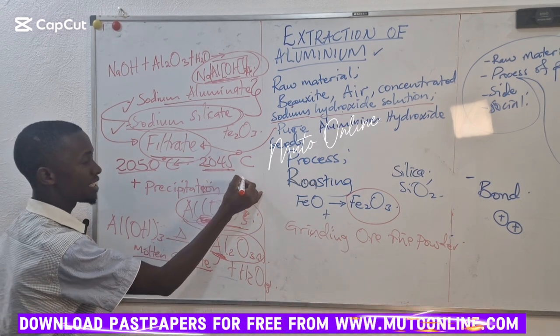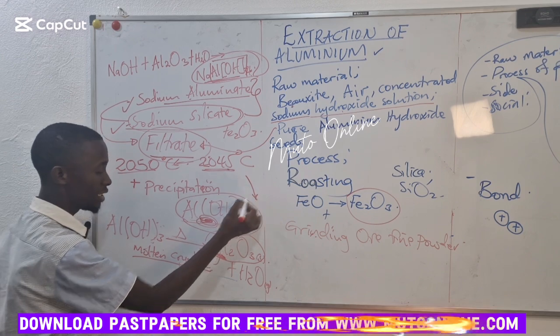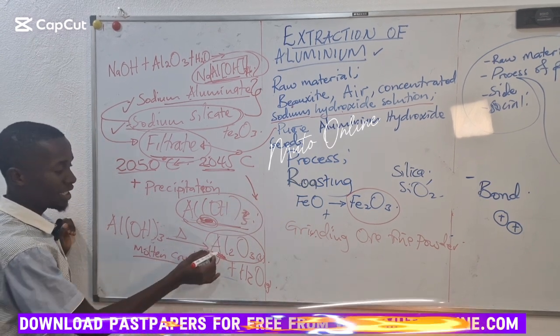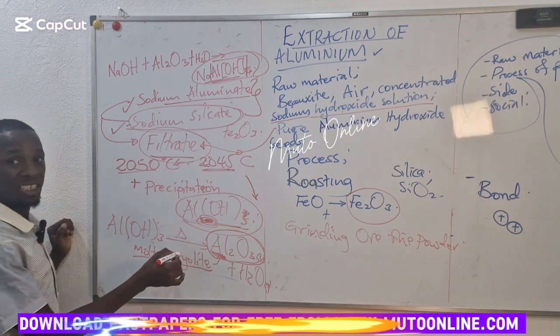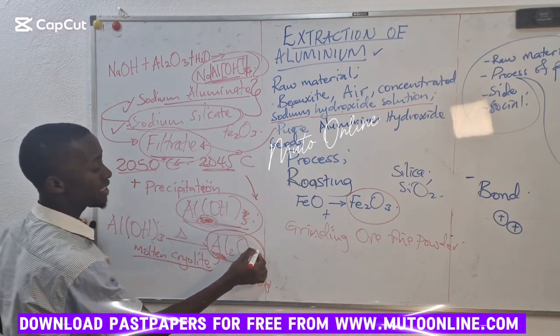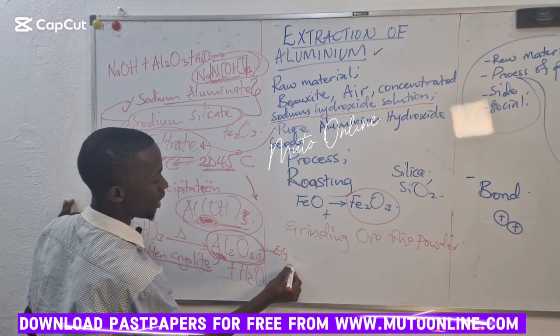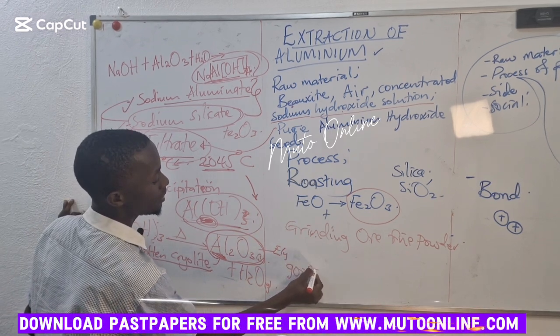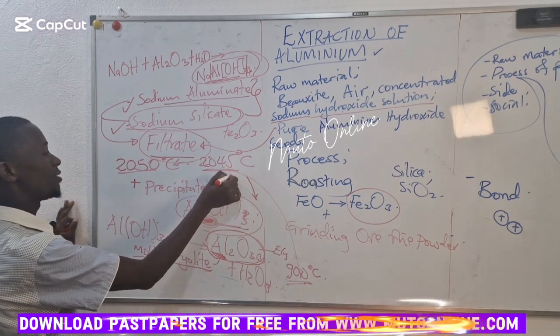And we shall find that after dissolving it in molten cryolite, this aluminium oxide, now in the molten state, will need to be electrolyzed in an electrolytic cell at a temperature of 900 degrees Celsius, which is very low compared to this one.